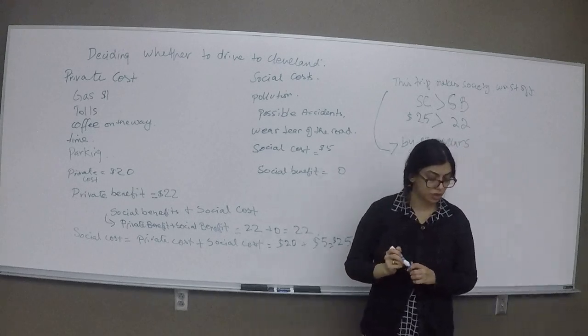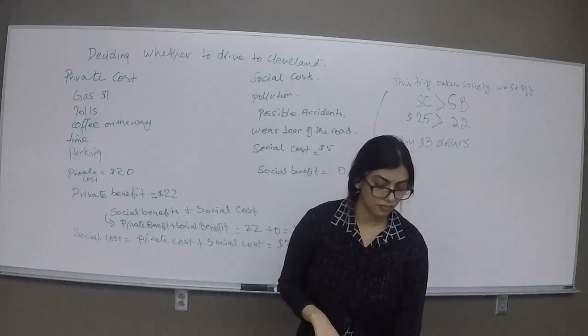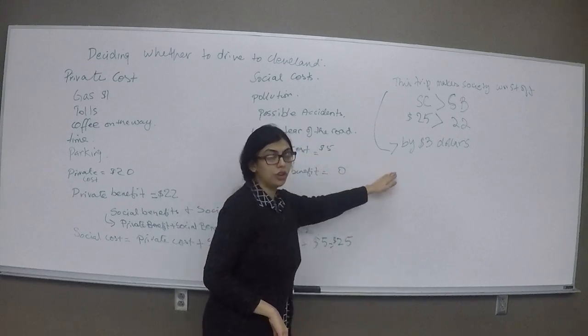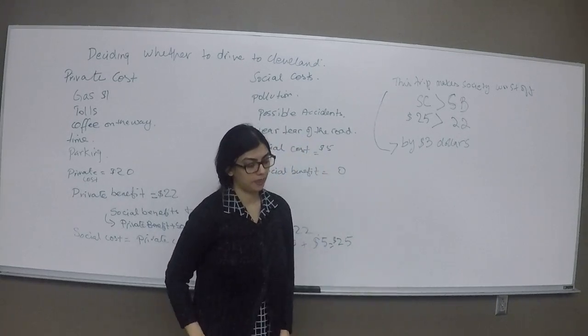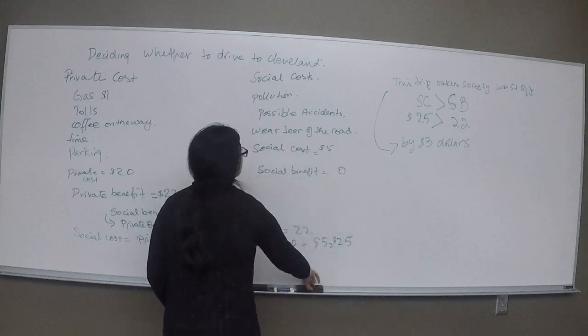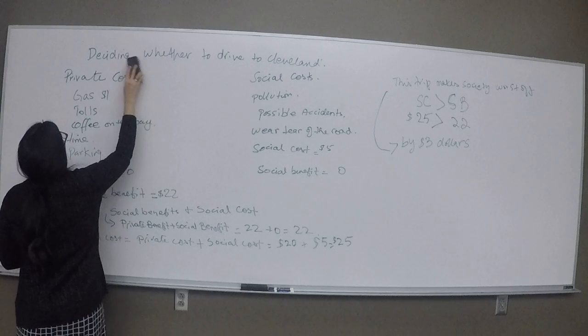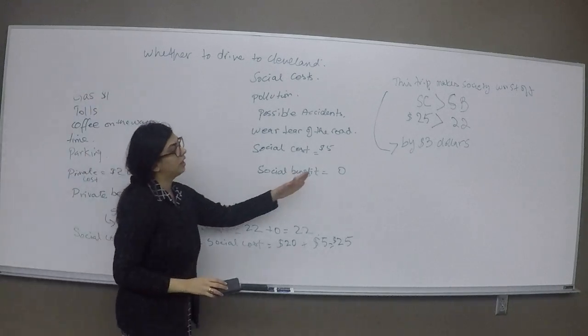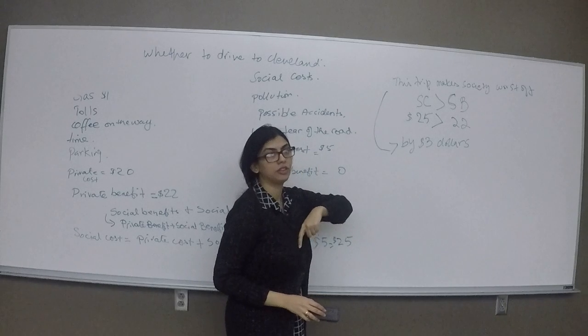Now, what can you do to internalize this $3? How can somebody take account of society getting worse off by $3?